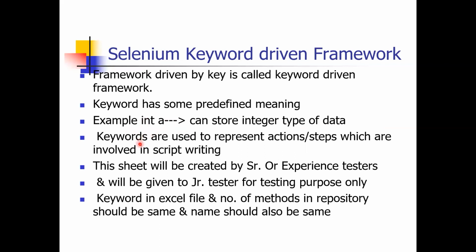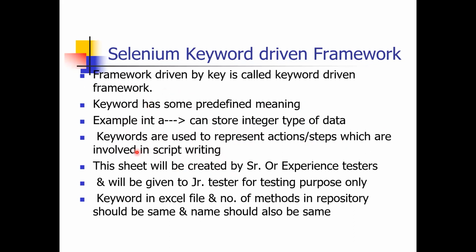So keywords always have some predefined meanings. Keywords are used to represent action steps which are involved in script writing. They are very important in script writing because they represent the type of action, the steps we are going to use in our script.